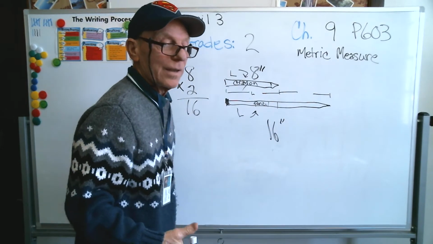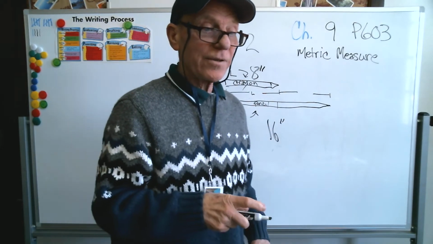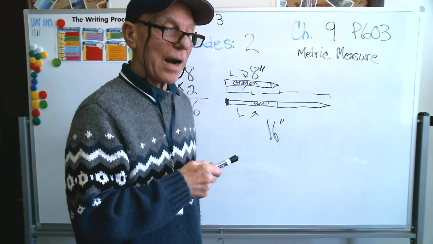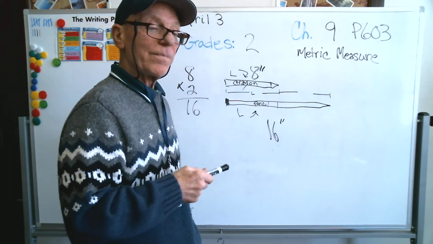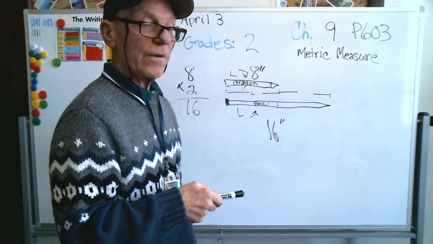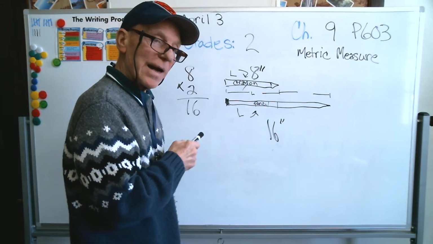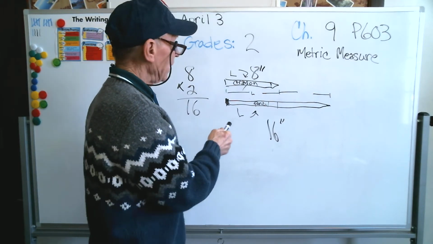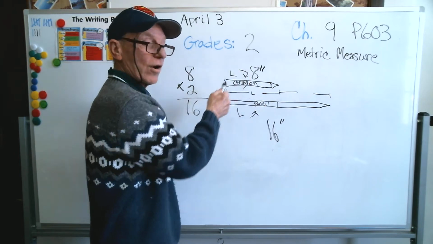Now, let's see if that's correct. We know that according to the problem, the pencil is twice as long as the crayon. So is 16 twice as long as 8?